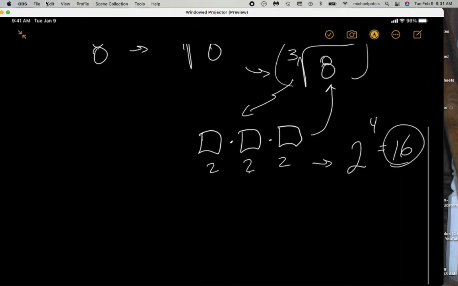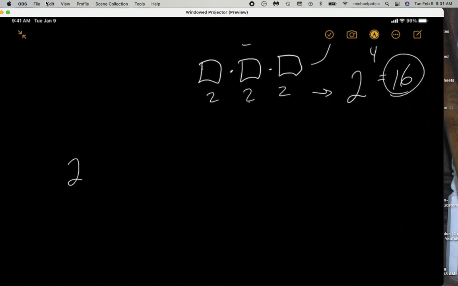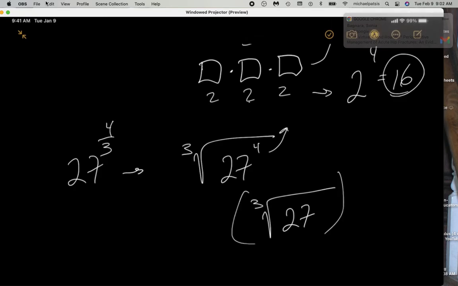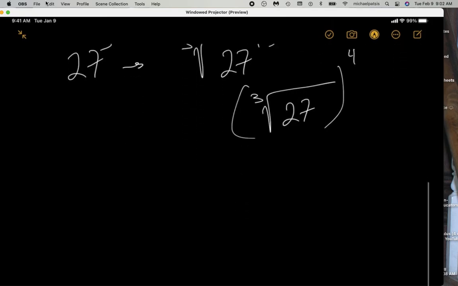Now let's look at the denominator, 27 to the 4/3 power. Radical sign first, then the root. It's neater. 27 to the 4th power. We're going to flip that up. So now we have the cube root of 27 raised to the 4th power. What number times itself 3 times gets you the radicand?